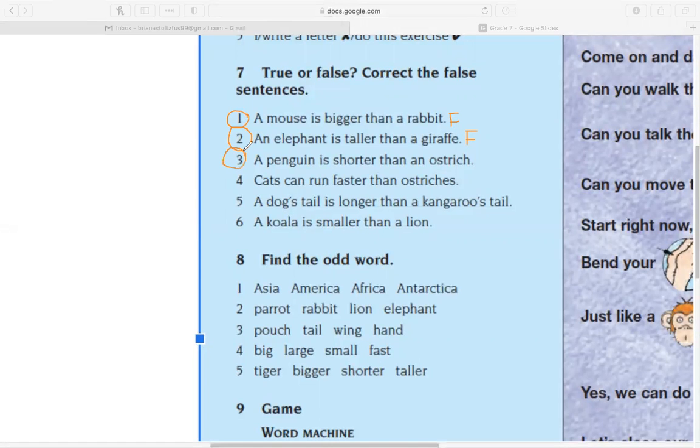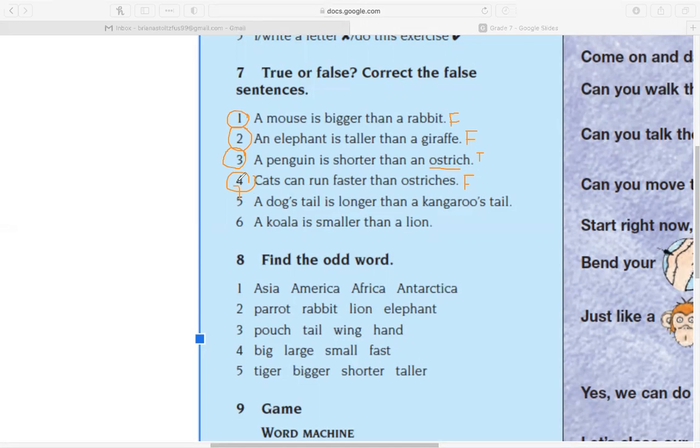Number 3, a penguin is shorter than an ostrich. Is this true or false? This is true. Remember, ostriches are very big. Number 4, cats run faster than ostriches. This is false. Ostriches run faster than cats.